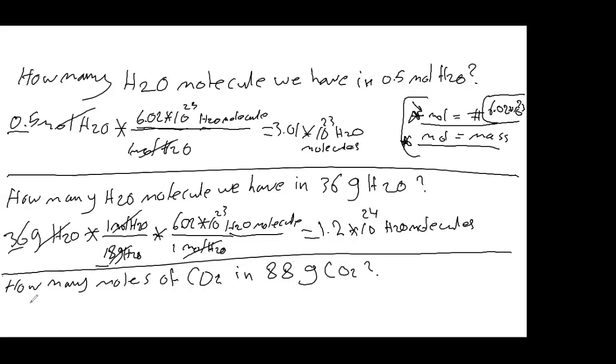Okay, start with the given information, 80 gram CO2 times a factor. Which factor will you use? Could be one, could be two of them.